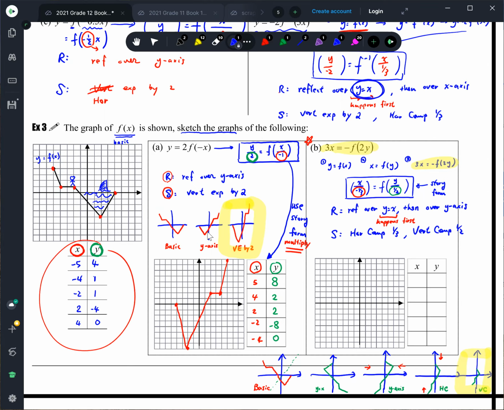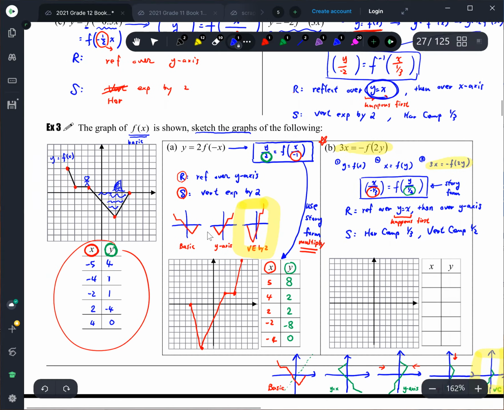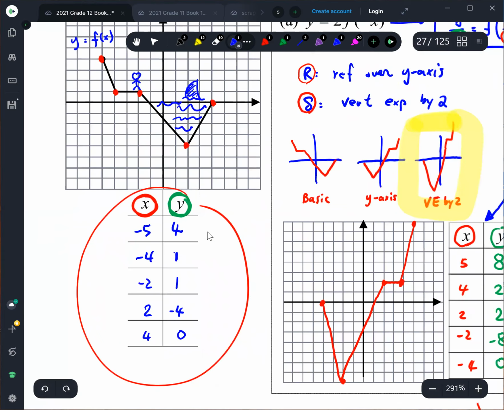Yeah, we want to get a table right now, right? But what kind of reflection happens first? We reflect over y equals x, and that means it's inverse, right? Mhm. So if it's inverse, what do we do with the table?